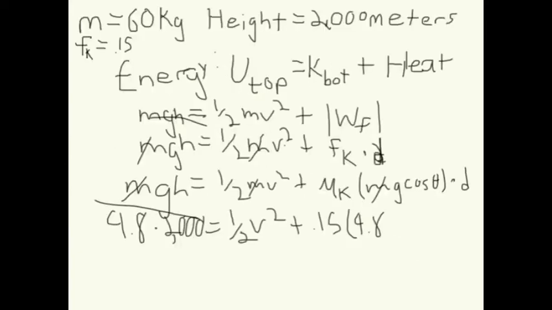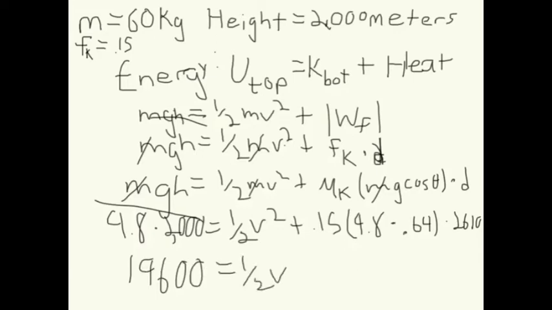So go back, and so multiply that by the cosine of 50, which is 0.64, times 2,610, and then just solving from there, 9.8 times 2,000 equals 19,600 equals 1/2 v squared plus 2,255.